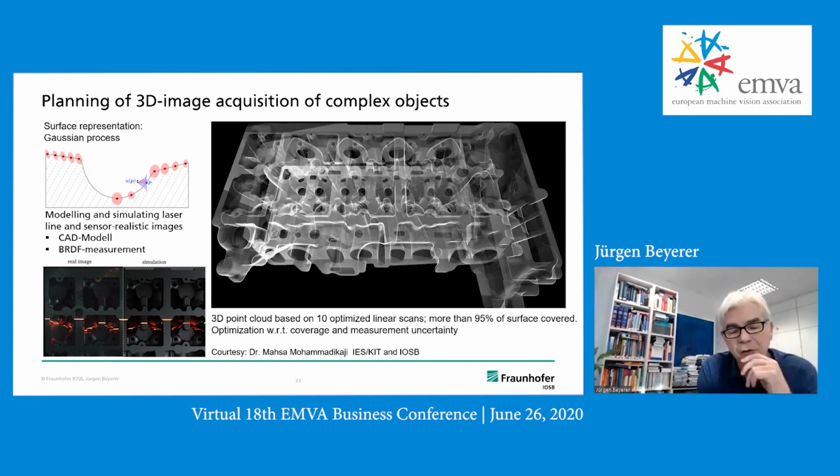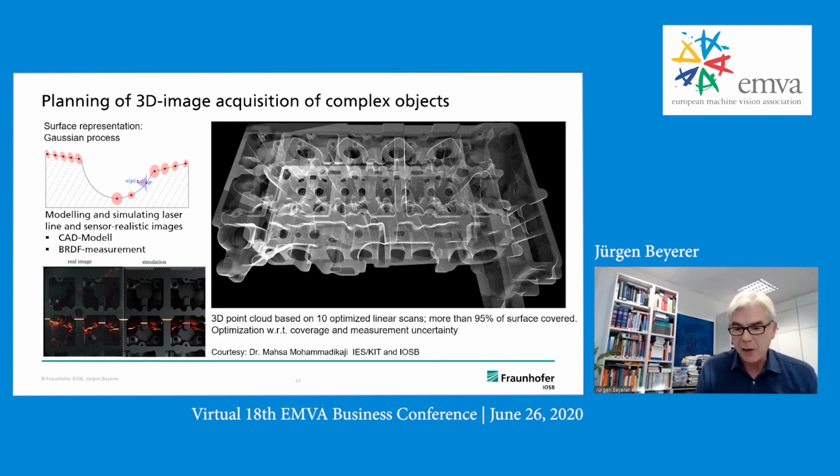So therefore we also use the bidirectional reflectance distribution functions, which we measured in our labs. And we modeled the laser line physically precisely, and the sensors, which we can do in our simulations. We can obtain from our simulation sensor-realistic images of the laser line on this complex object.